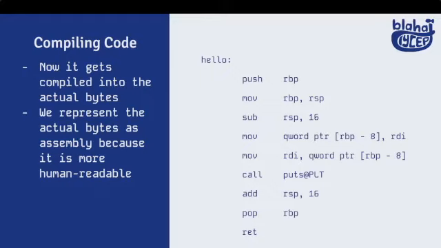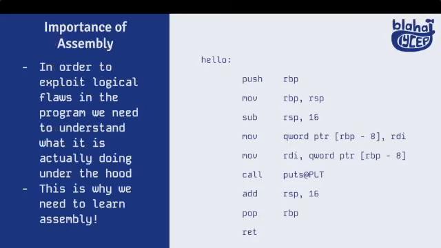Well, if you remember, binary exploitation is about exploiting certain vulnerabilities in the memory, right? And to do that, we must be able to understand exactly what goes on at the machine code level so that we can pinpoint what's actually vulnerable in the memory, so that we may be able to exploit it.